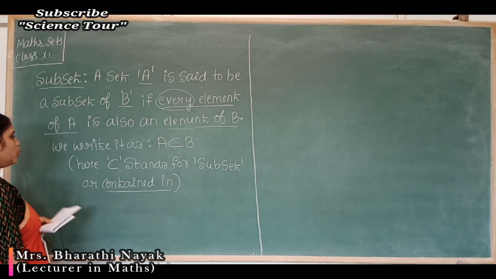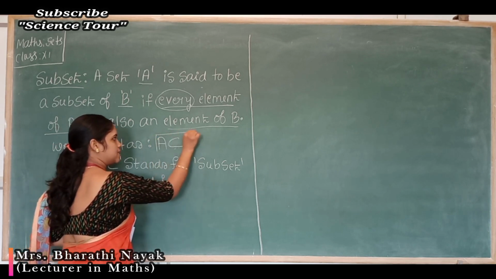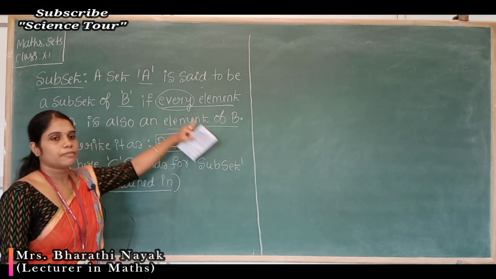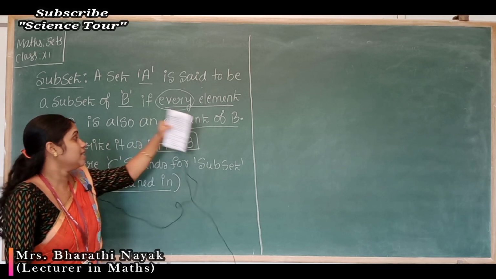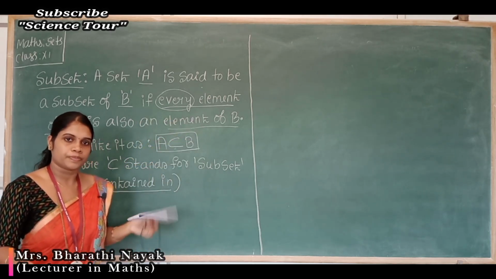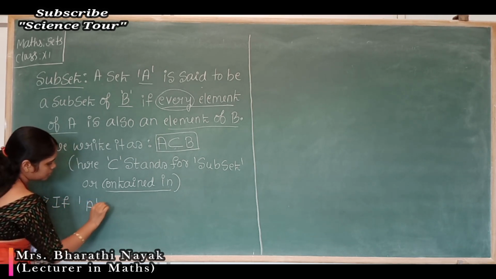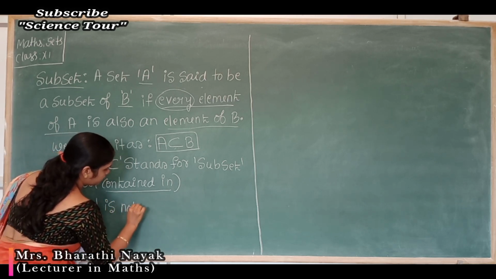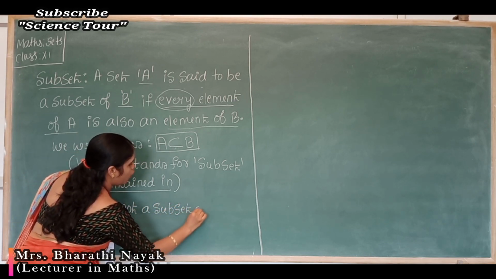If set A is a subset of B, then we represent it like this. Suppose set A is not a subset of B, that means set A is not contained in set B. Then how to represent it?